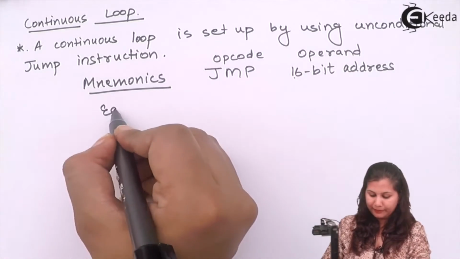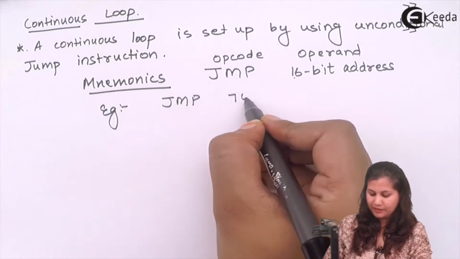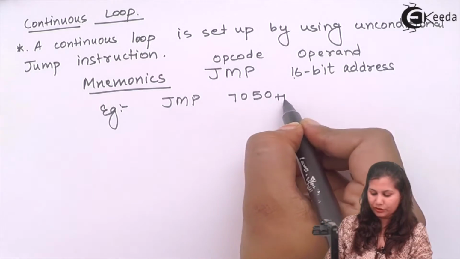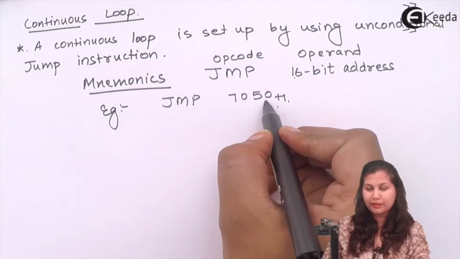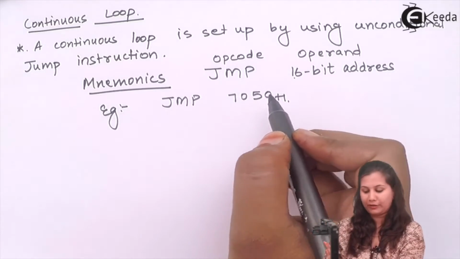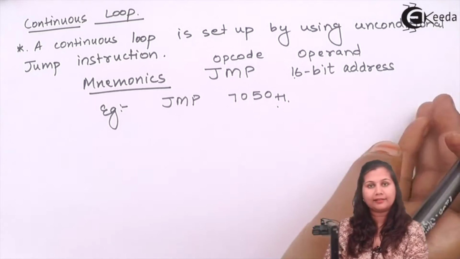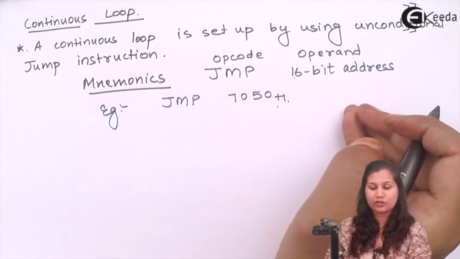For example, jump 7050H. H means it's in hexadecimal notation. At this memory location, we have written a program, suppose for addition or subtraction, and we will write that address in front of this jump instruction.